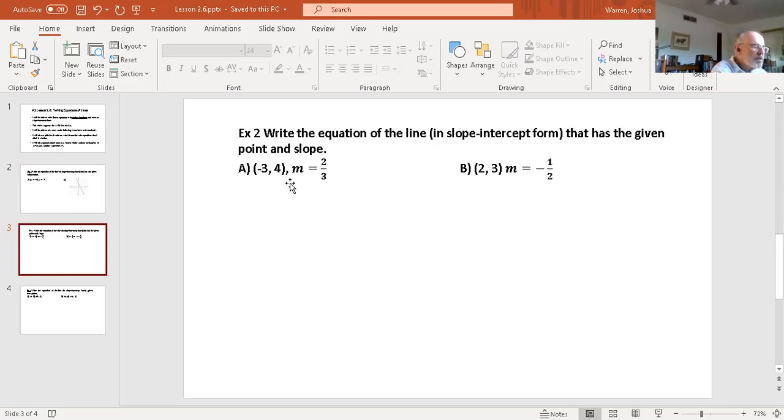And let's put B over here. So we're going to stop the share. We're going to go back to my DocuCam.